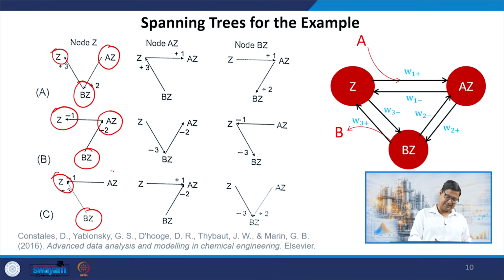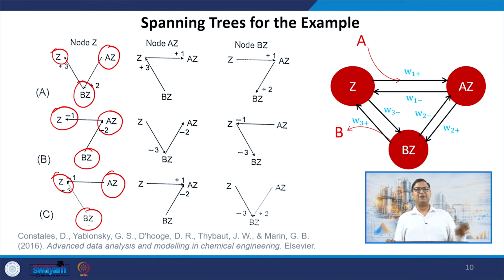A fourth possibility is I get Z from AZ, right? So there are four different possibilities. One is I start from AZ and go there in 2 steps. Second is I start from BZ, go there in 2 steps, or I start from BZ and AZ and go there in 1 step, right?